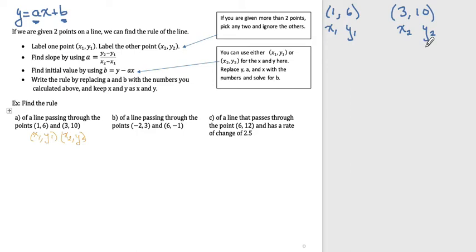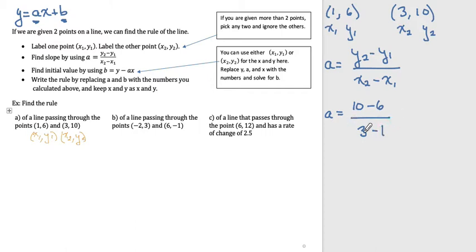So now that we've labeled everything, we know that slope or rate of change, a, equals y2 minus y1 divided by x2 minus x1. So we can substitute in our x's and our y's. So we'll take y2, which is 10, so a equals 10 minus y1, which is 6, divided by x2, which is 3, minus x1, which is 1.